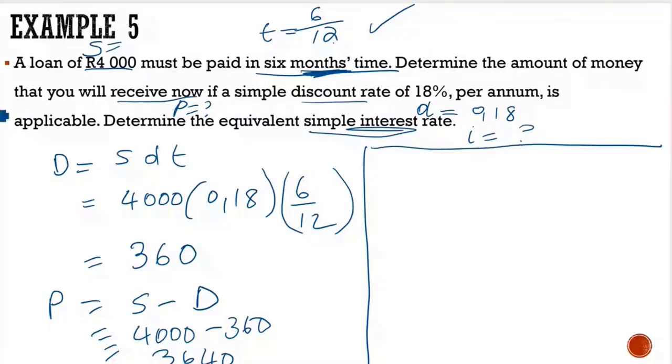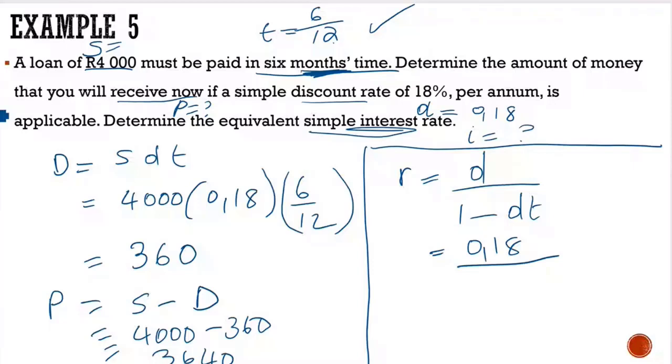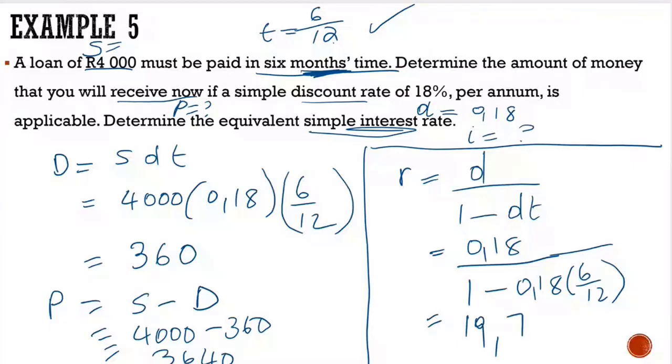So you are done with that part, and then you are also asked to calculate the equivalent simple interest. That is simply your r is equal to d over 1 minus dt. So now your d is given, it's 0.18 over 1 minus 0.18. Your time, you use 6/12. You plug it into your calculator, and this is going to be equal to 19.78%.